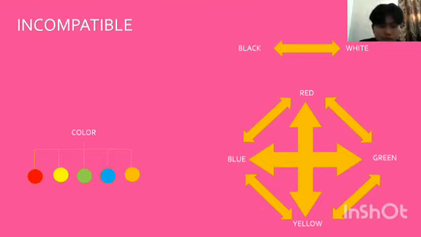Red is not opposite to the color green. It's not opposite, it's just incompatible. The color terms don't have subordinate terms, since the term color normally excludes black and white.